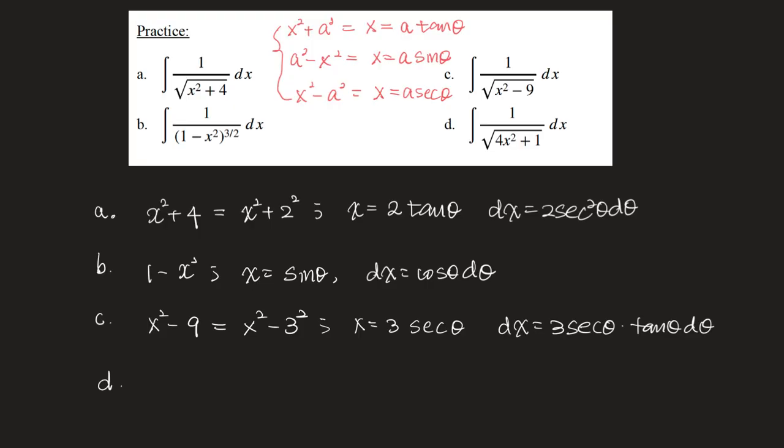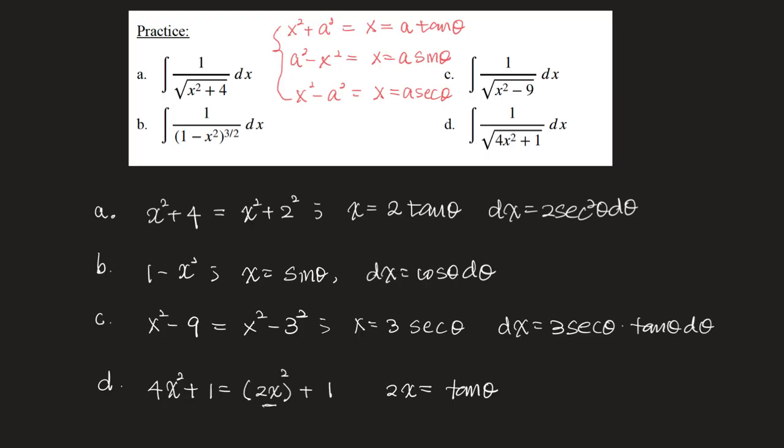Look at the inside, 4x squared plus 1: something squared plus something squared, or something squared minus something squared. So I'm going to put this one as something squared plus 1. Inside the parentheses, it's going to be 2x. Something squared plus 1, this is a variable right there. You're going to use the first one. So this time 2x is going to be tangent theta.